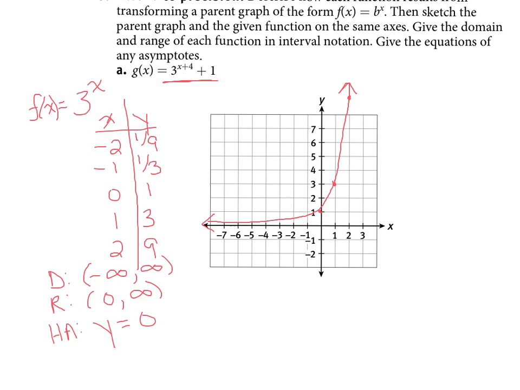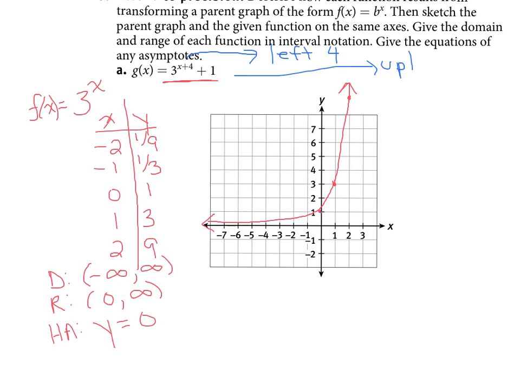Let's talk through what the new one is going to do. The x plus 4 is going to move me left 4. The plus 1 at the end is going to move me up 1 step. So each point is going to go left 4.